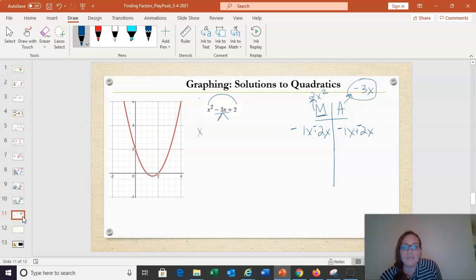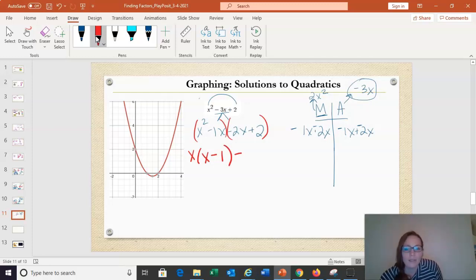So we replace the middle term and factor by grouping. We'll group the first two and group the second two. The first two only share an x, so we have x minus 1. The second two, remember, bring that negative down, whatever's in front there, bring it down. And they share a 2, so we're dividing by negative 2.